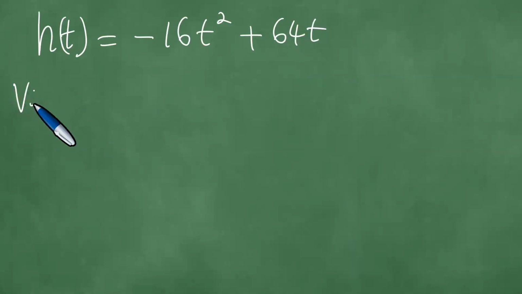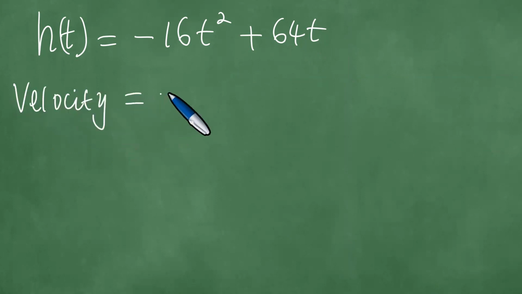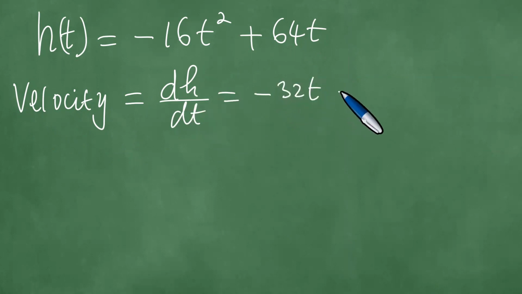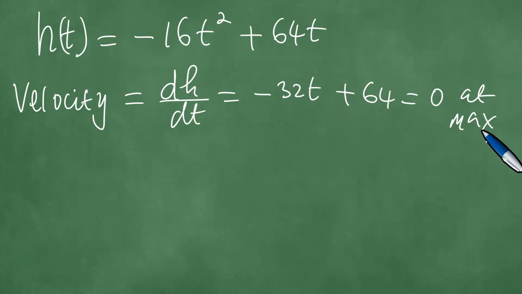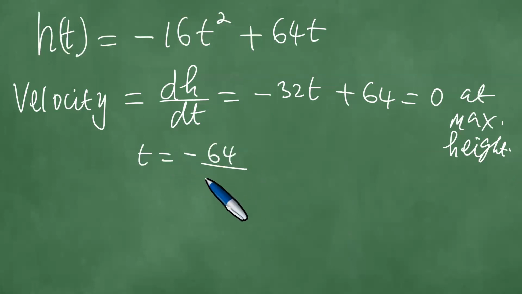The velocity is dh/dt, which is minus 32t plus 64, which is equal to 0 at max height. Which means, therefore, t is minus 64 over minus 32, which equals 2.